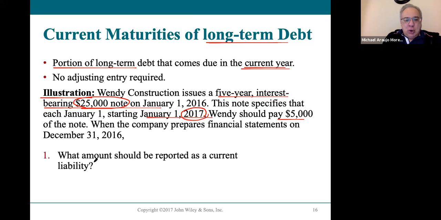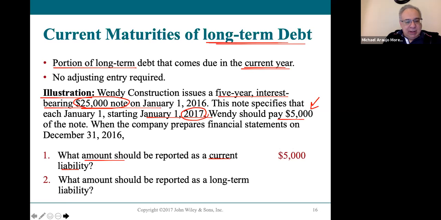So how much of this long-term debt is a current liability? The portion due this year is the $5,000. The remaining balance of $20,000 is a long-term liability. They simply break it up into what's due this year and what's due after that year, thus long-term.